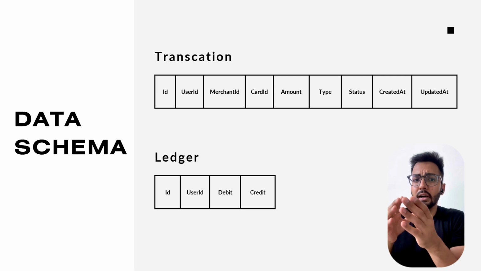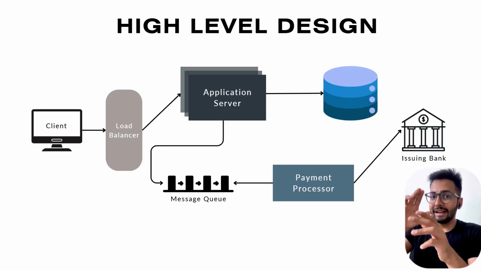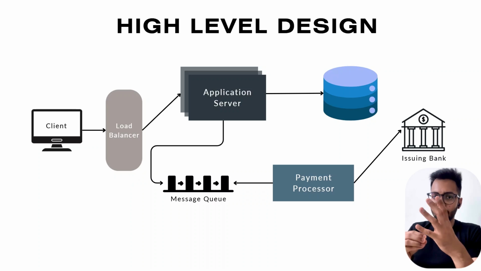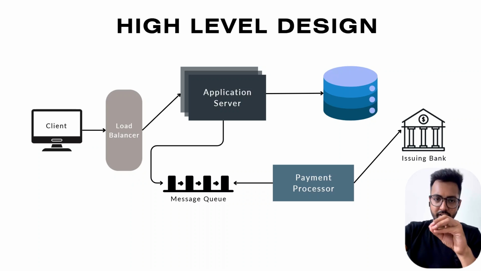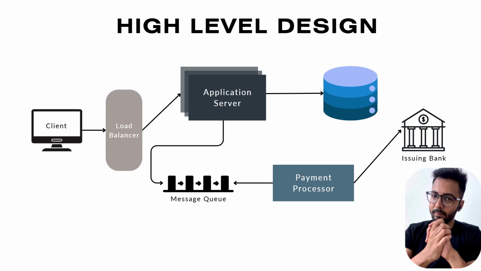Now let's look at the high-level architecture of a payment gateway. So when a customer clicks pay on the merchant's site, the request is sent to the payment gateway's load balancer, which distributes the traffic across multiple servers. The payment gateway application generates a unique transaction ID and records it in the database along with other metadata.